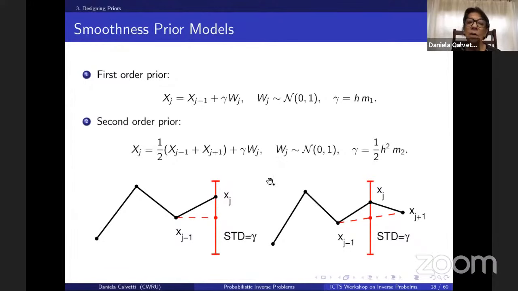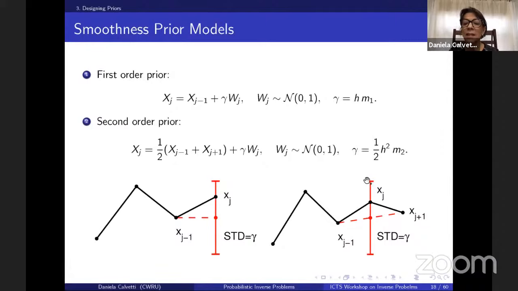In the second scenario, I'm making a statement about a probabilistic bound on the curvature. If I want to make a prediction, without data, about the value of the signal at the point xj, I'm not making it in terms of the previous one, so there is no causality here.